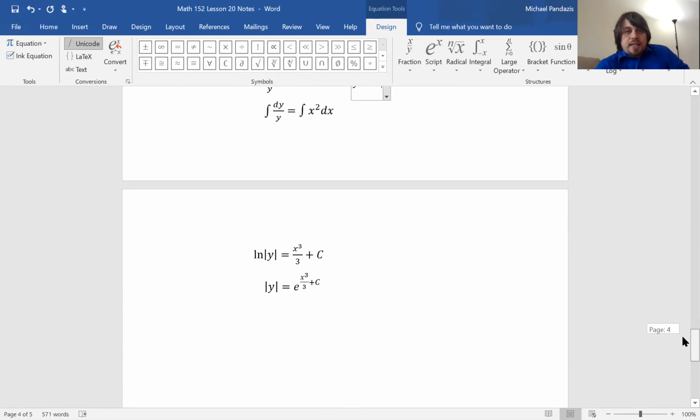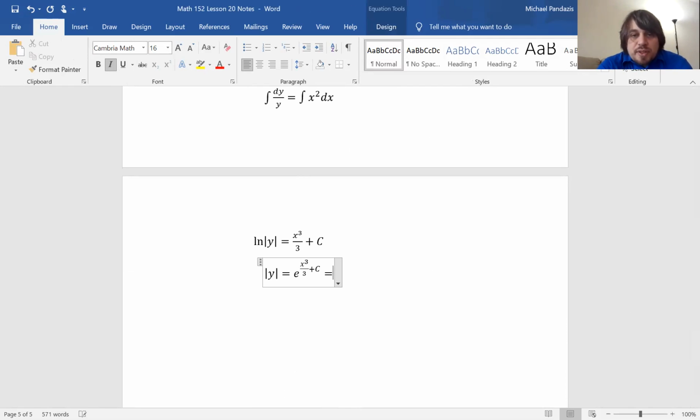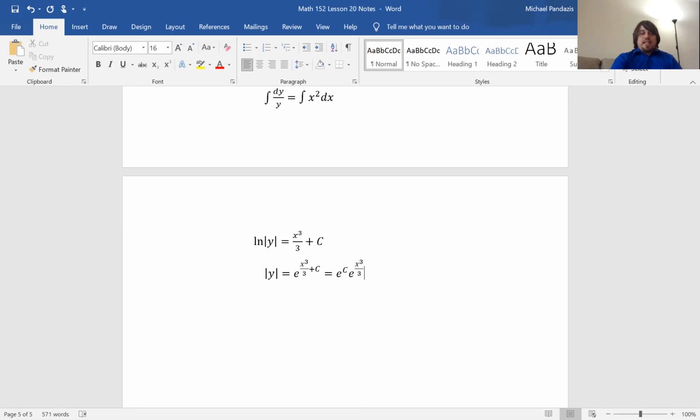Okay, so we have e to the x cubed over 3 plus c. Now I'm just going to factor out this e to the c here. So you have e to the c multiplied by e to the x cubed over 3. So instead of adding two things in the exponent, we're multiplying two things with base e.